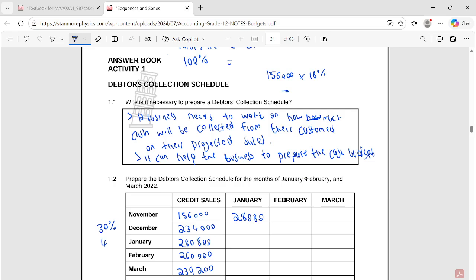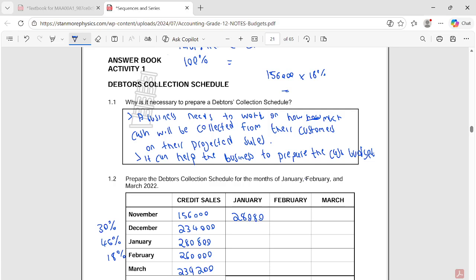And then we're saying 45% in the following month, which is January, and then 18% in February, right? And then for March there will be what? Bad debts, right? So bad debts will fall on the month of March, right? So in this case we're going to account for bad debts in March when it comes to December payments, right? So therefore this one we're not taking into account.